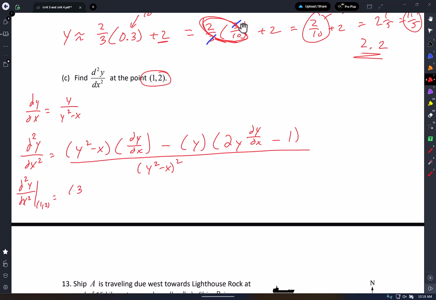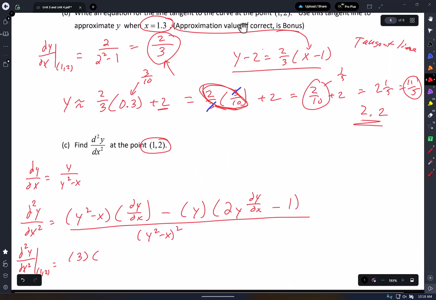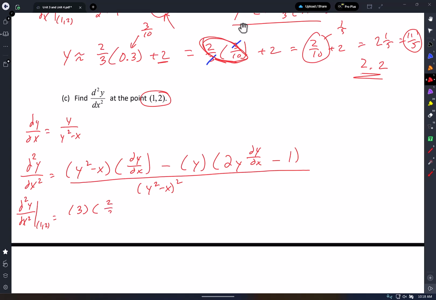So I see 3 times dy/dx, we got that as 2/3, minus y, which was 2, times 2 times 2 times 2/3 minus 1. So hopefully I didn't make a mistake right there. All this is over 4 minus 1, 3. So 3 squared is 9.